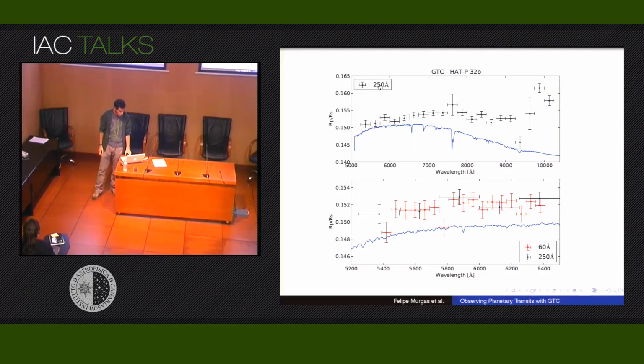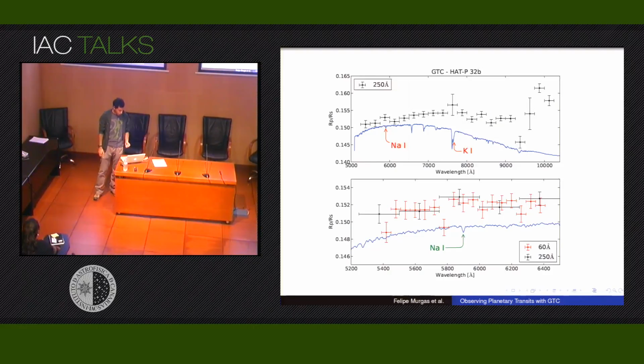Also, you can see that this point and this one are a little bit high. They are higher than the rest, and these points correspond to the sodium and the potassium lines. Both of these lines have been detected before in transiting hot Jupiters.